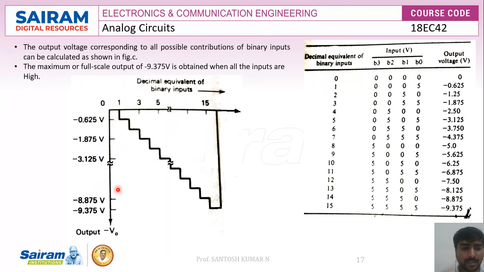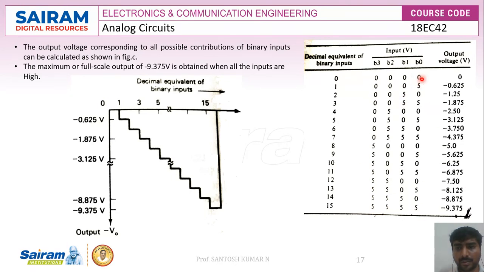And so here this shows the input versus the output, and the step size. Here, as I told, the output voltage corresponds to the possible value of input bits you are applying, and here we get a maximum voltage of minus 9.375 volts. So for individual bits, the output voltage is shown in this particular table.